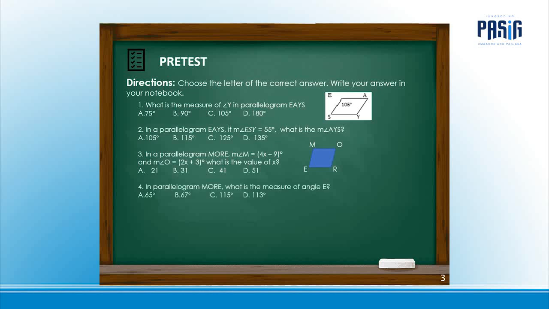Number 4. In parallelogram MORE, in question number 3, what is the measure of angle E? A. 65 degrees. B. 67 degrees. C. 115 degrees. D. 113 degrees. Your timer starts now.